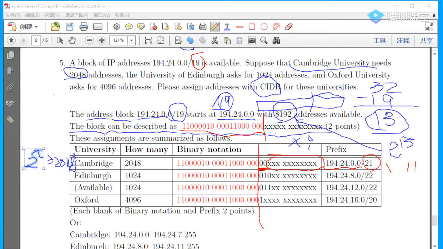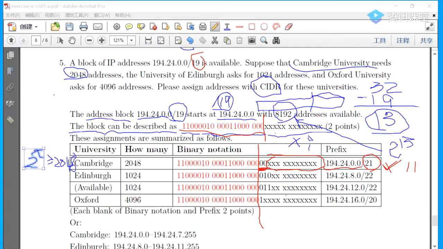You can get the 21. So this is Cambridge University, /21. Then we assign addresses for Edinburgh University. Do we understand?